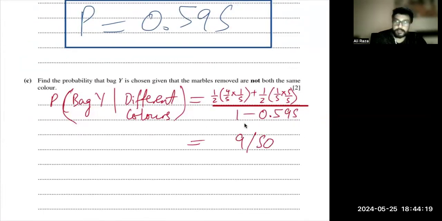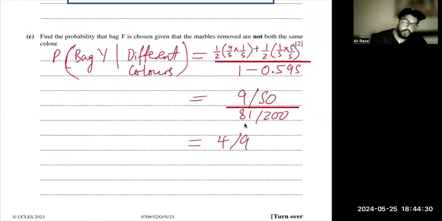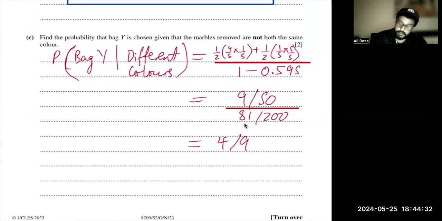The answer comes out to be 9 upon 50 divided by 81 upon 200. When simplified, this gives us 4 upon 9 or 0.444.